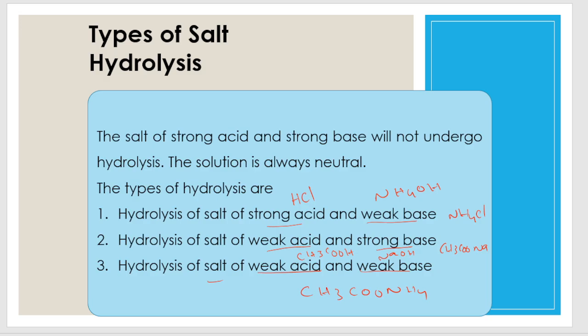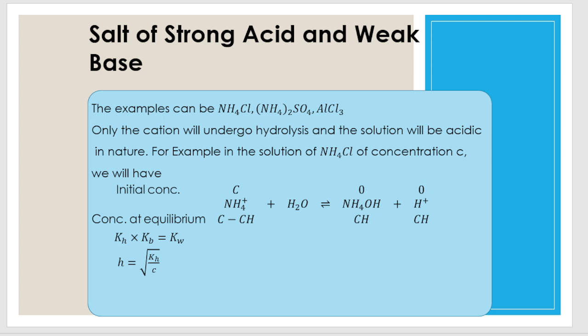Now let us see one by one the nature of the solution formed by the salt after hydrolysis. First, the salt of a strong acid and weak base. Ammonium chloride is the best example. When ammonium chloride is dissolved in water, it readily produces ammonium ion.